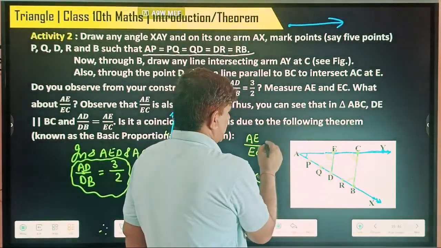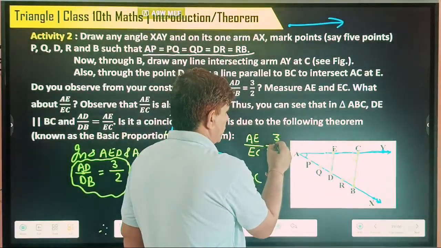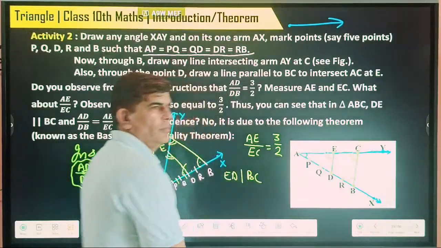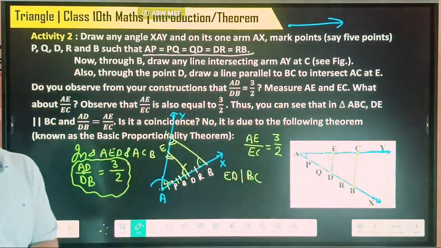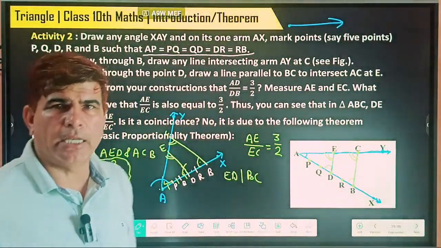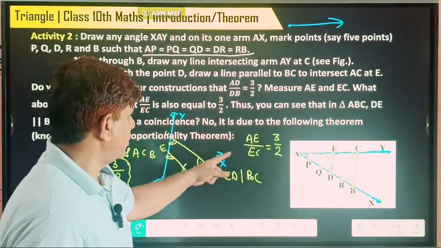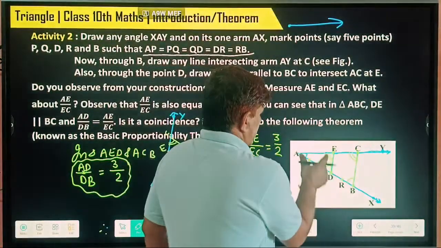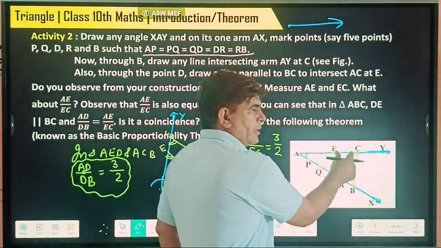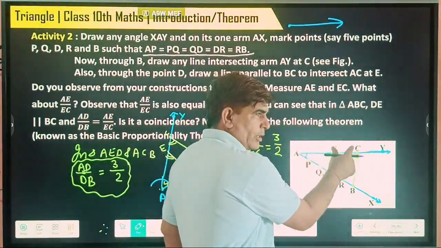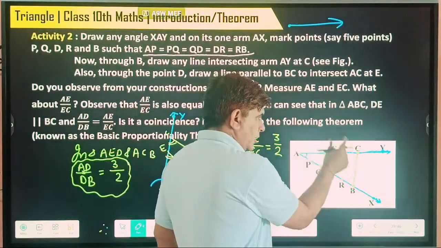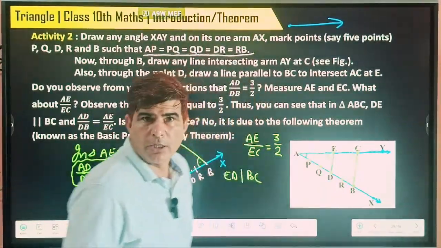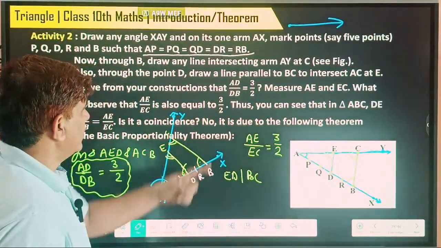AE by AC, so definitely this is equal to 3 by 2. If you measure it with the help of a measuring scale, definitely this ratio is also 3 by 2. If it is 3 centimeter, this is 2 centimeter, this is 6 centimeter, this is 4 centimeter, this is 9 centimeter, this is 6 centimeter. Understood this? So measure AC.